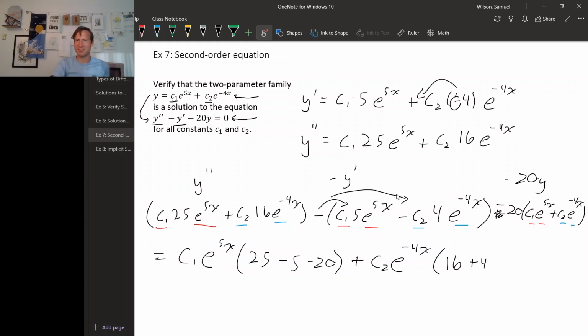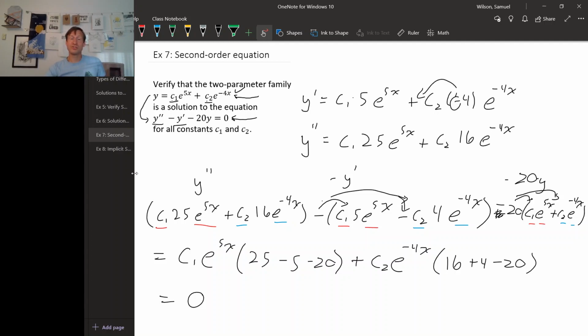It's plus 4 because this minus sign, when you distribute it, makes that a plus, and then minus 20 from distributing this minus 20 there. And when you add all of those up, yes, you do indeed get 0. So this 2-parameter family of solutions really is a solution to this differential equation. Whether it's all solutions, we don't know, but at the very least, it's a lot of solutions.